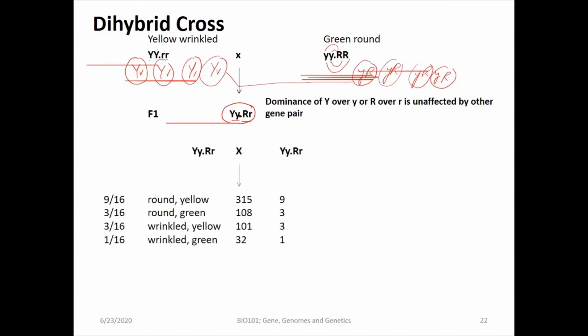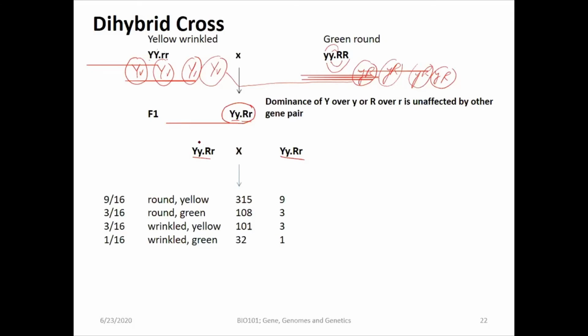When you self-cross F1, which means this one with this one, can you make the contribution of this parent to the next? Can someone tell me how many combinations will be there? So 16? 16.